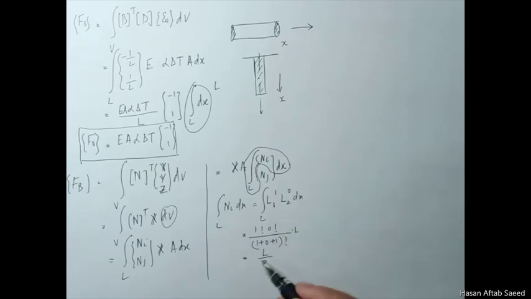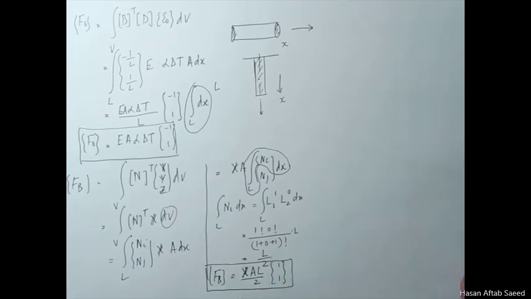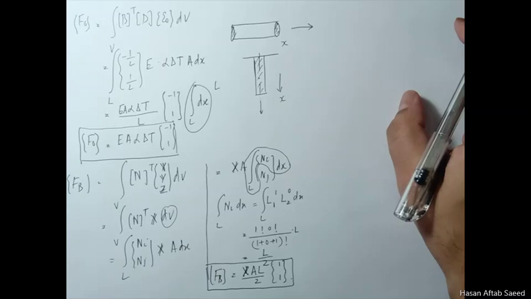So if we put these values back, Fb comes out to be x A L over 2, and there will be 1 and 1 because it's a vector. So again, this is your body force vector.